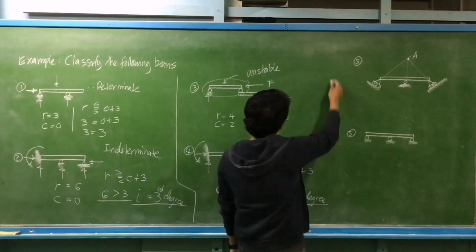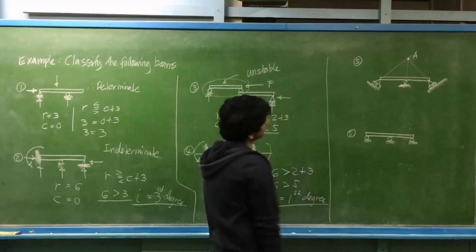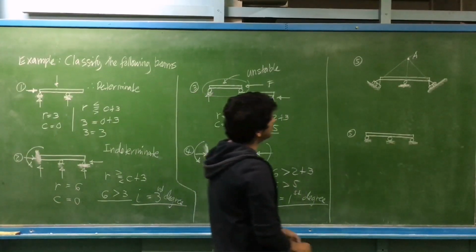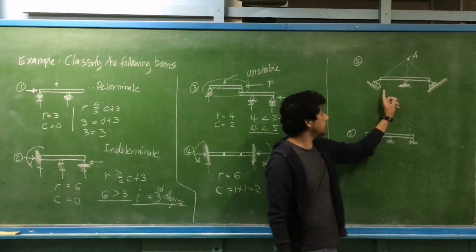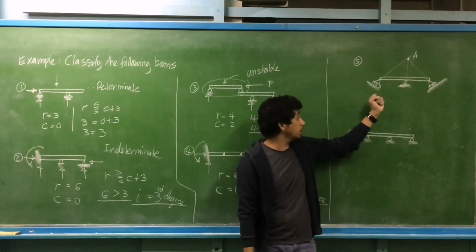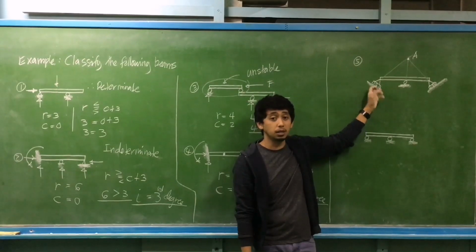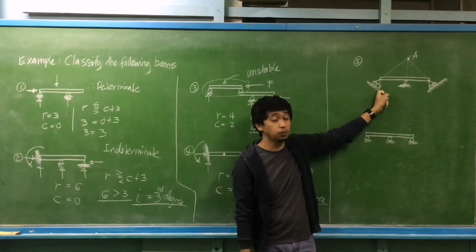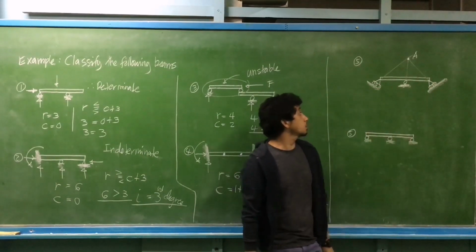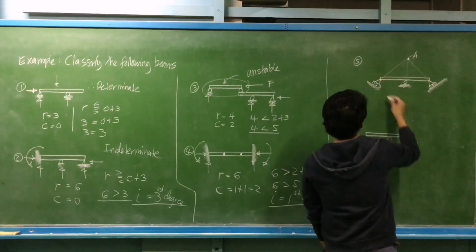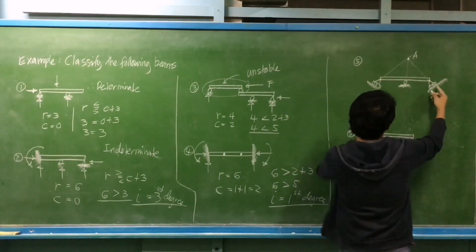And then we have next, number 5. For number 5, for example, we have these types of support. Take note, if you are to see this symbol, kapag nakita niyo yung mga symbols na to, they are also considered as rulers. Okay? So let's say this is the ruler on this end, another ruler on this end.